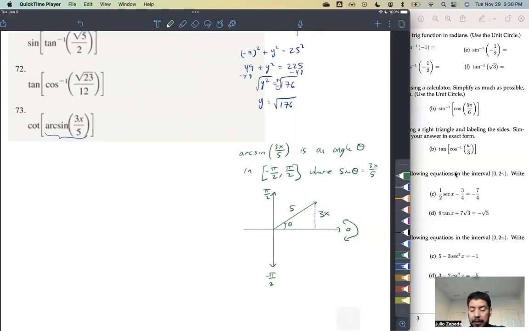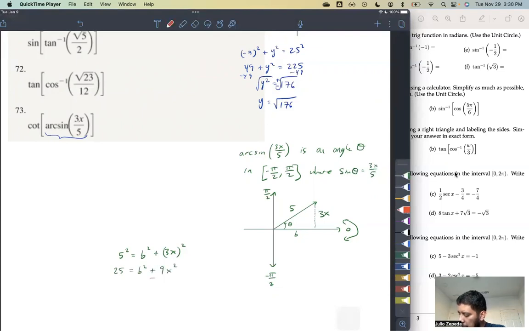We can use the Pythagorean theorem to find the missing side length. For right now, let's call it b. So 5 squared is equal to b squared plus 3x in parentheses squared. Let's solve for b. So this is 25 equals b squared plus 9x squared.